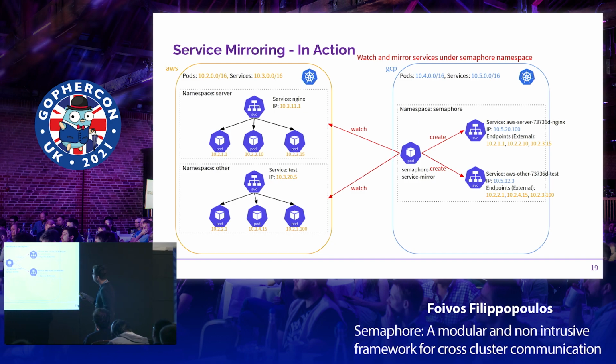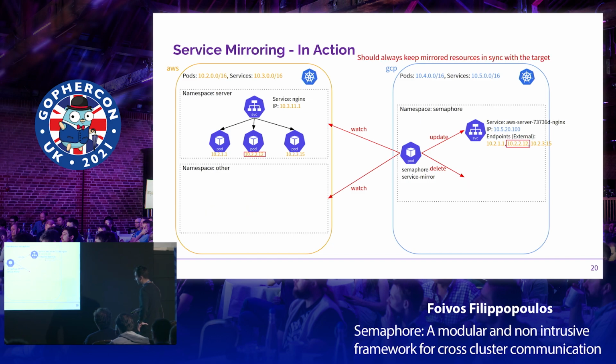And on GCP, we're running our service mirror pod. The service mirror pod is going to watch services on the other side, provided that these are labeled and we want them to be mirrored. And it's going to create here local services under Semaphore namespace, getting a local IP address that corresponds to a service under GCP, but still is going to use the remote pods as endpoints.